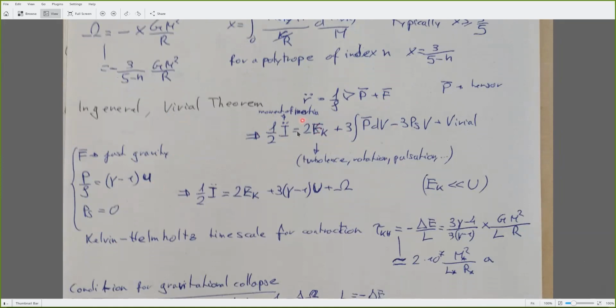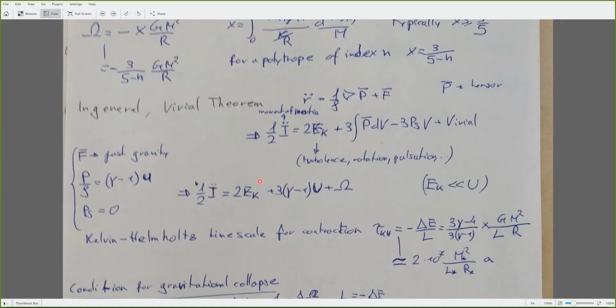The global kinetic energy means turbulence, rotation, pulsation, this kind of thing, not the movement of the particles in the gas but the macroscopic mass. With this value, the pressure on the surface, and the virial that depends on the force here: the acceleration that part of the mass can have depends on the pressure force and other forces.